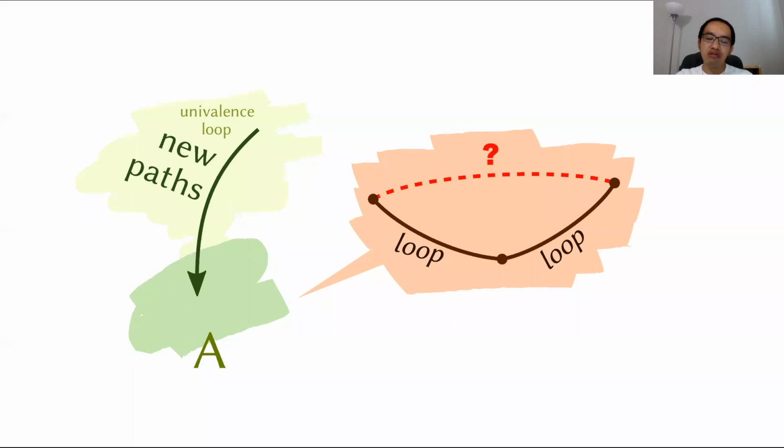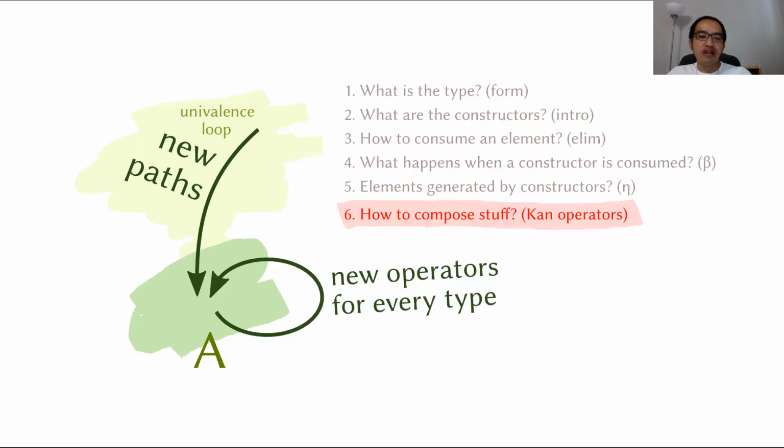If you have two loops put together, there should be a new path representing the concatenation of these two loops. But nothing right now forces the existence of this. So we need to do something extra to make them exist. Okay, and this is why we are talking about the composition and conversion, together called Kan operations.